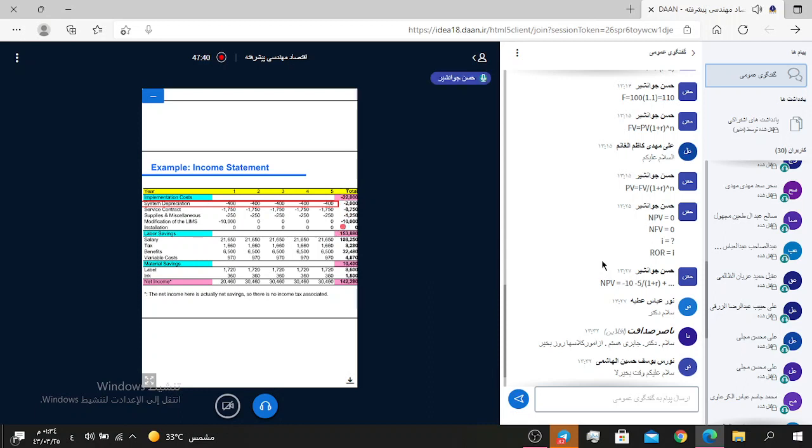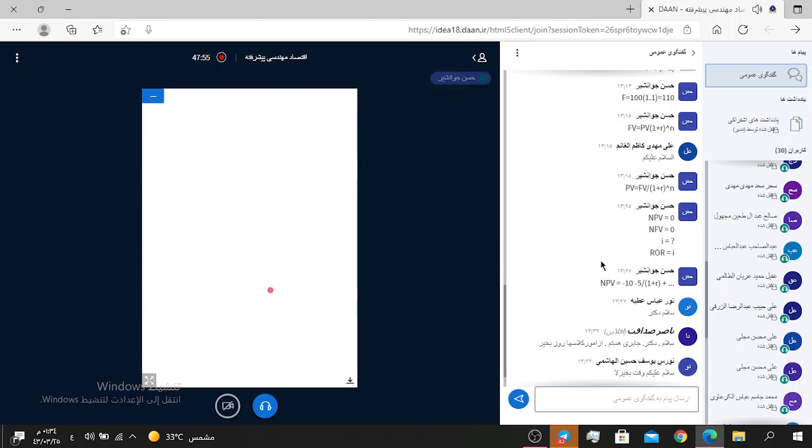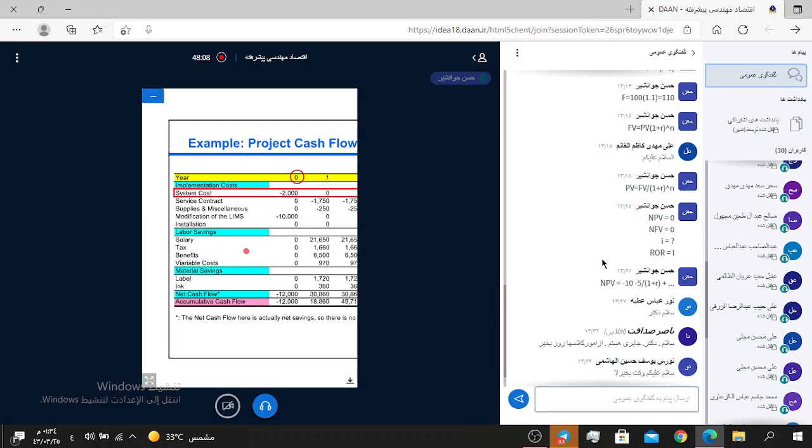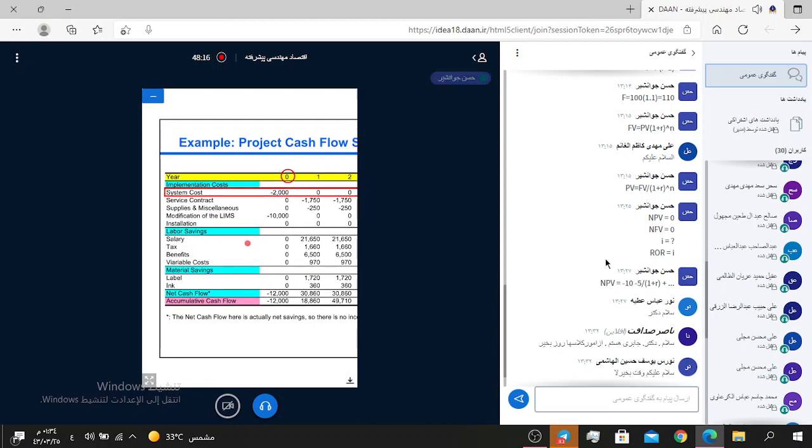In the column of total, we don't need time value and sum all of yours. For the project cash flow statement, you can see sub items.